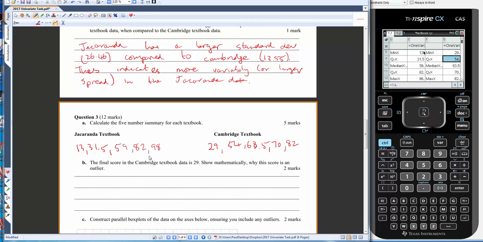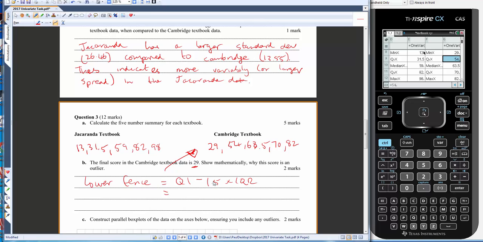So it says here the final score in the Cambridge data is 29, and we want to show why this is an outlier. So what we're going to do is the lower fence test, and that is Q1 take away 1.5 times the interquartile range. So we're doing it on the Cambridge data.